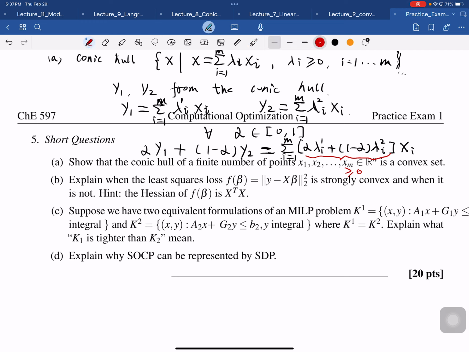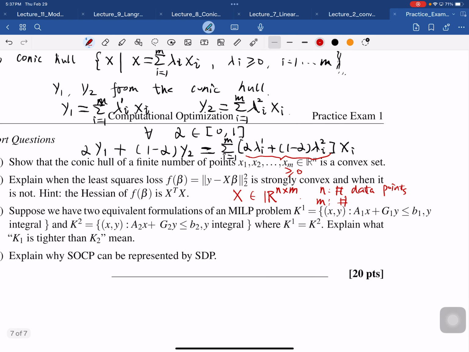And then for this matrix X, we can assume the dimension of X is n times m, where n is the number of data points and m is the number of coefficients or parameters, or let's call them factors, in linear regression.